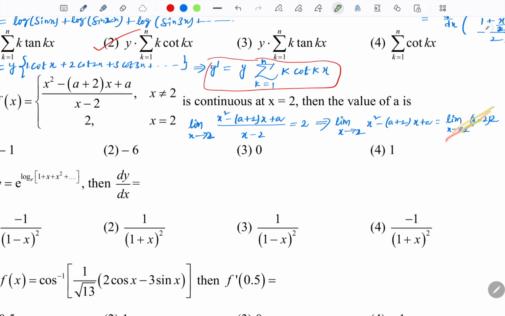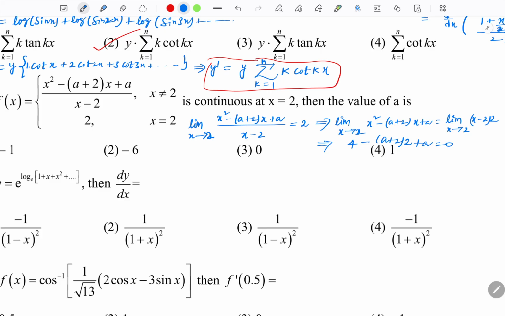If I apply the limit, it goes to 0. Just equate this one. Simplify this one, we will get 2. If you subtract, 4 minus of a plus 2 times 2 plus a equal to 0.